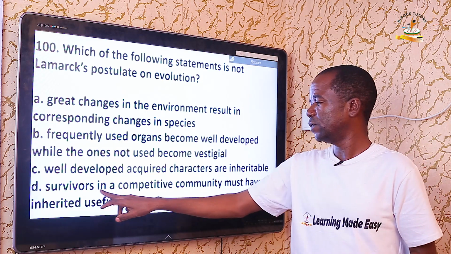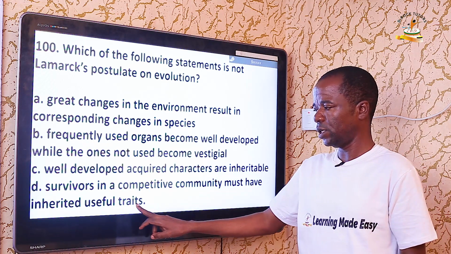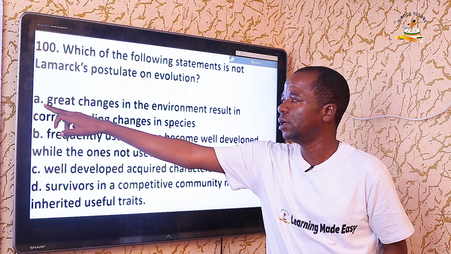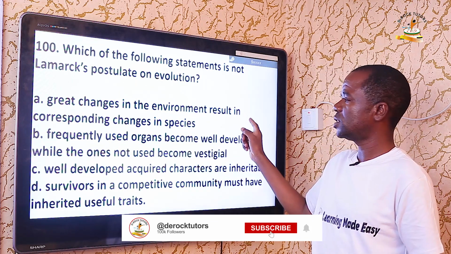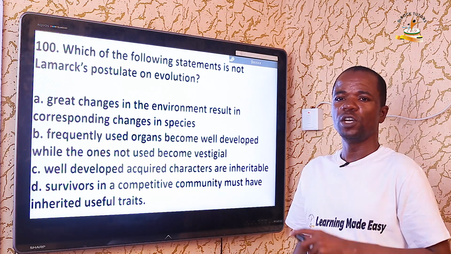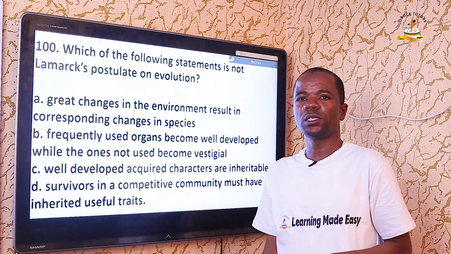And option D, survivors in a competitive community must have inherited useful traits. That's also another example of the postulate. So the correct answer here is A. Great changes in the environment result in corresponding changes in species. That is attributed to Charles Darwin, not Jean Lamarck. The correct option for number 100 is A.